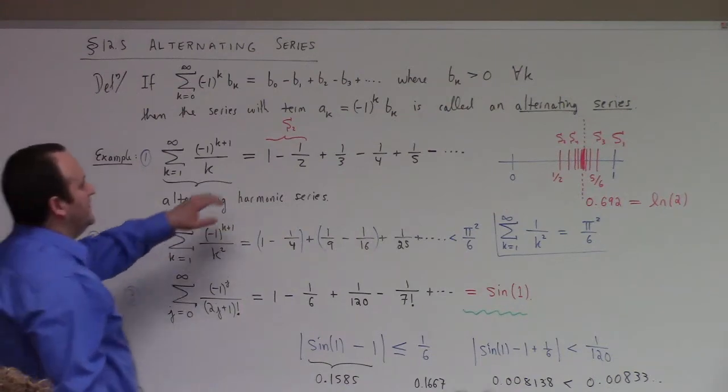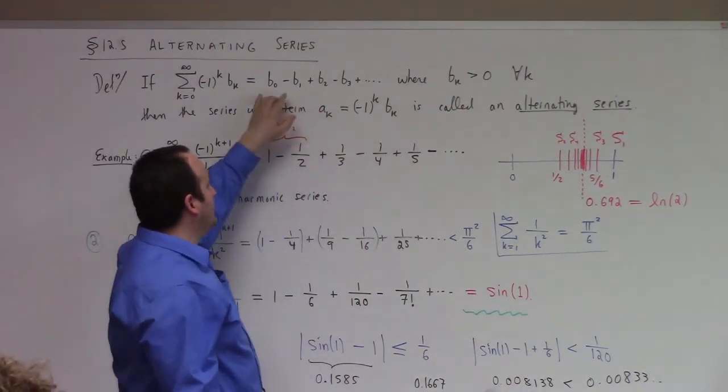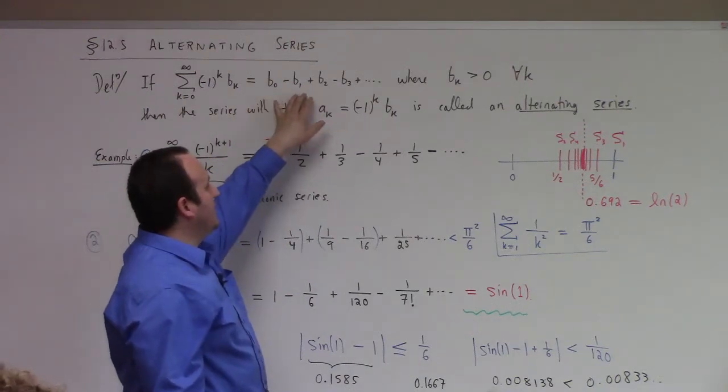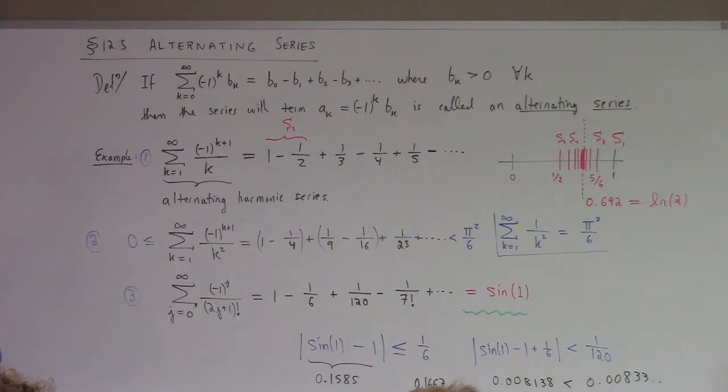So you have something formed that basically goes plus, minus, where these b sub naught, b sub k's are positive terms. I'm changing notation from the book a little bit. The book writes a sub naught minus a sub 1 plus a sub 2 and so forth. I don't think that's good because he's been using a sub k as a generic term in the series for sections 12.1, 12.2, 12.3, and 12.4.